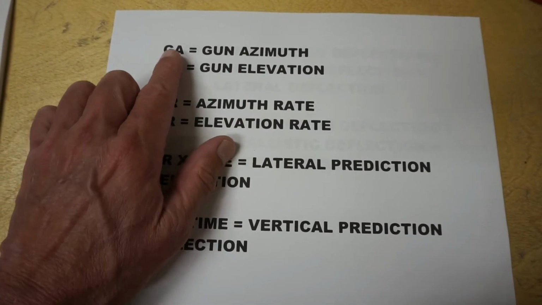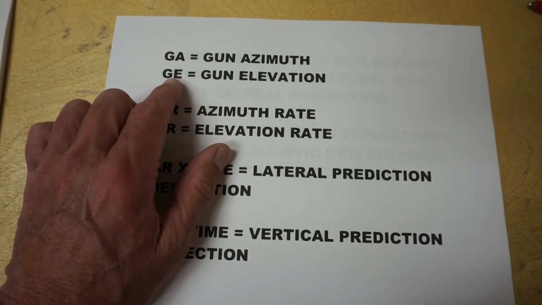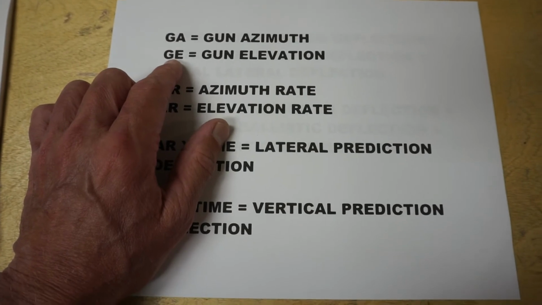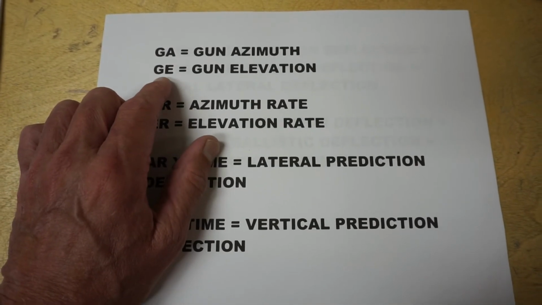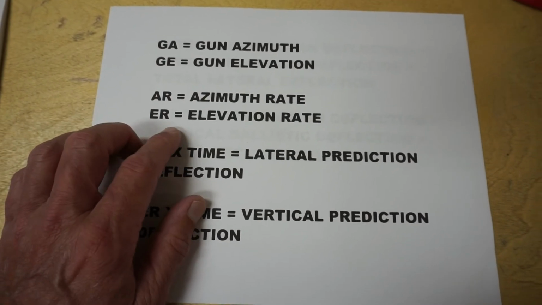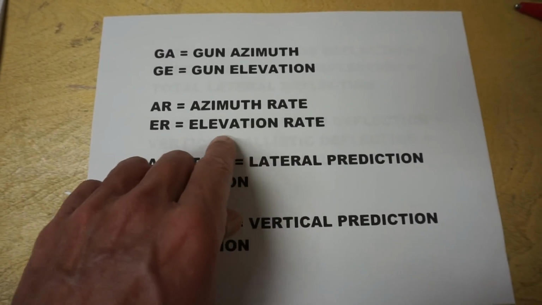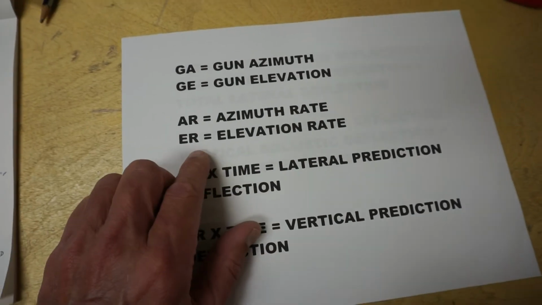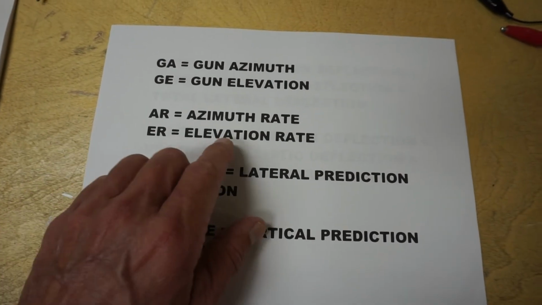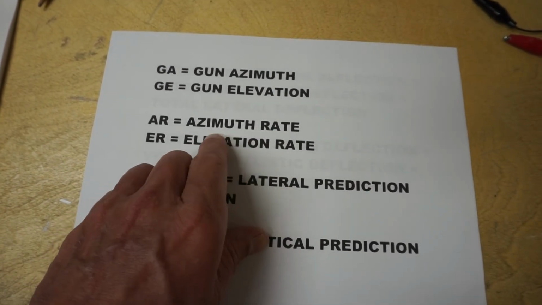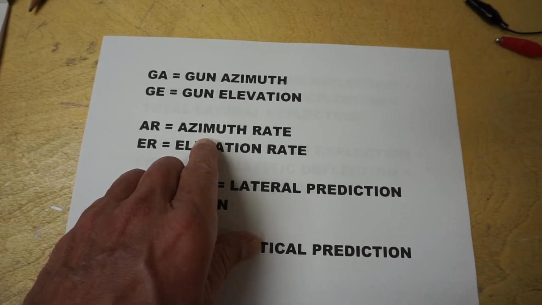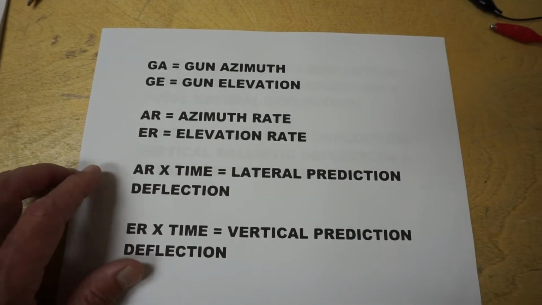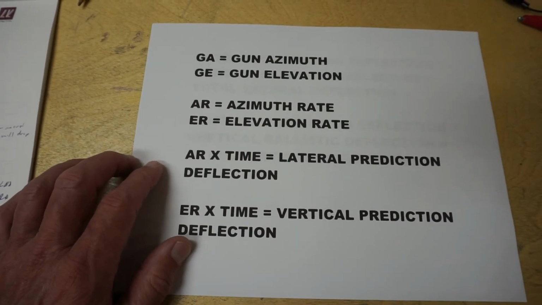As mentioned, both of the inputs for this are on the lower right of the gun sight and driven by rotary drive shafts, which provide GA and GE inputs. The gun sight uses rates of change of the azimuth and elevation. So the gun sight determines the azimuth rate, how fast the turret is rotating, and the elevation rate, how fast the guns are moving up or down.